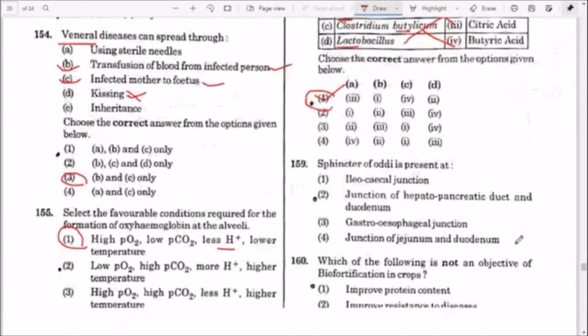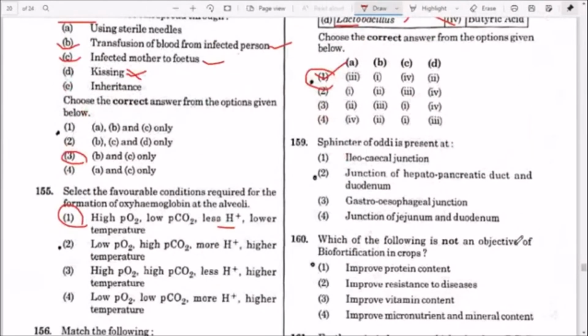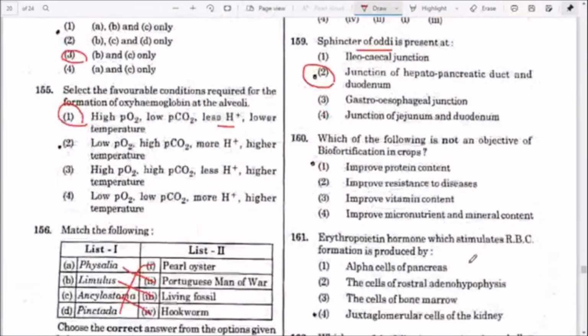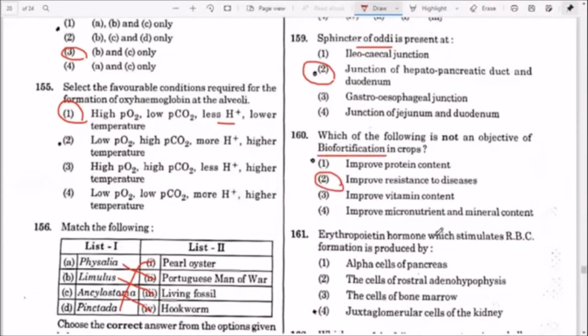Next, question number 159. Sphincter of Oddi is present at, where do you find this? Junction of hepatopancreatic duct and duodenum. Which of the following is not an objective of biofortification in crops? Improve resistance to diseases. So this is not an objective of biofortification.